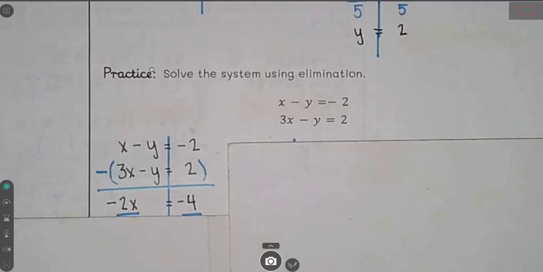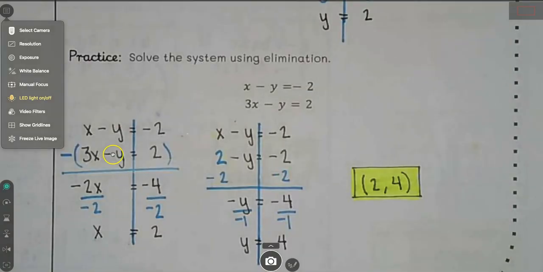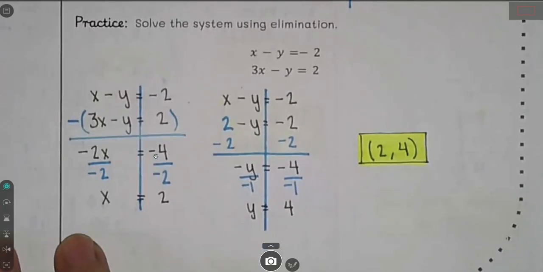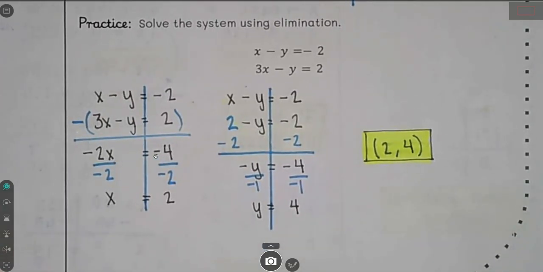Here is the answer. Any questions on this? I'll leave it up there for a bit.